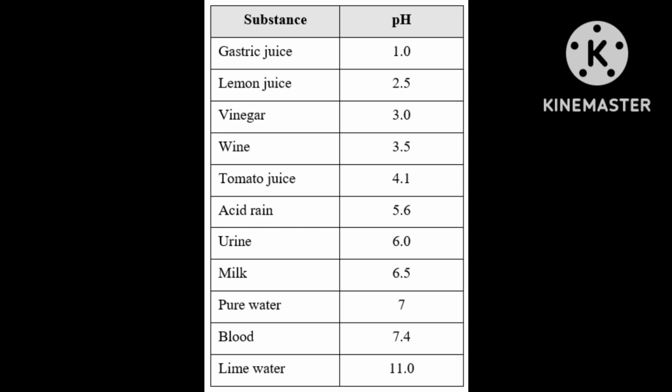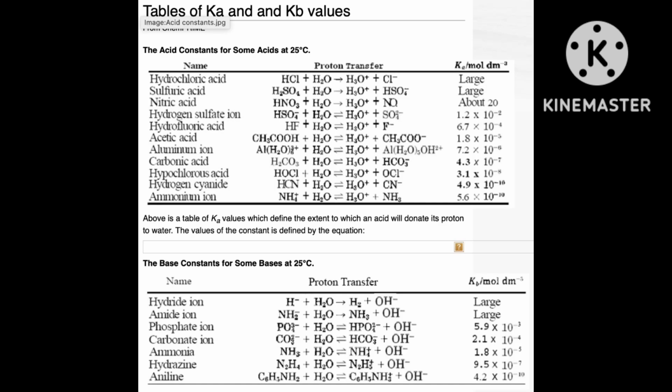It looks very simple, but it is not simple. Here you have to consider the hydrogen ion concentration from water also. In water, H2O plus H2O gives hydronium ion plus OH minus, or simply H2O breaks into H plus and OH minus.